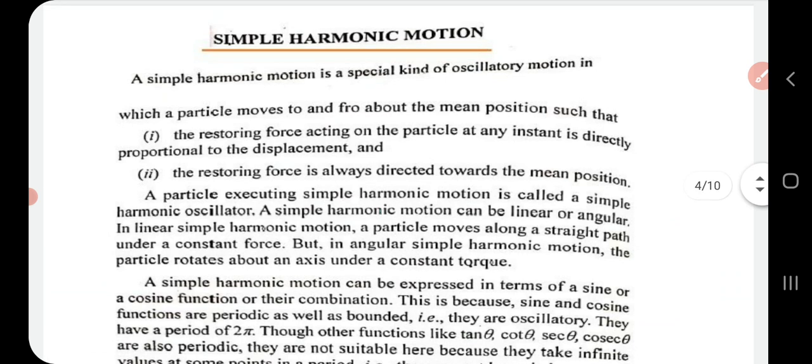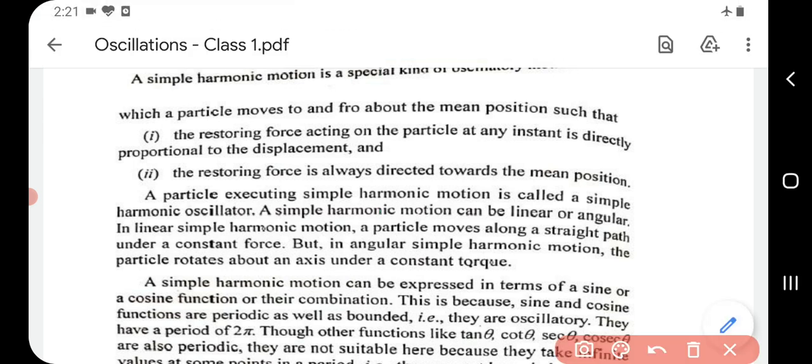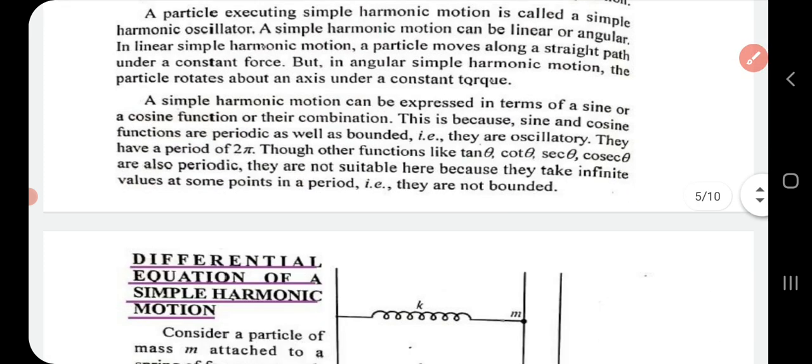So here, what is the question? What is simple harmonic motion? Give examples. This is a definition, then you give examples. Then another question is: distinguish between linear and angular simple harmonic motion. That's all to study from that slide.